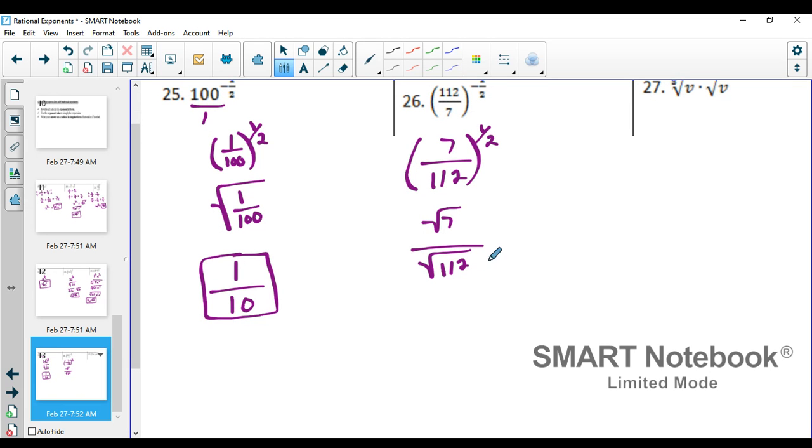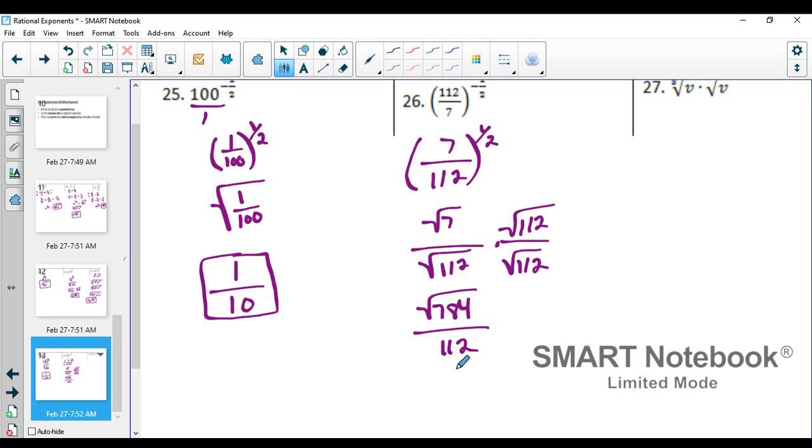Now, we have to rationalize the denominator here, because remember, we can't leave the square root in the denominator. So we're going to multiply the square root of 112 over the square root of 112. So 7 times 112 is 784. So we have the square root of 784 over 112.